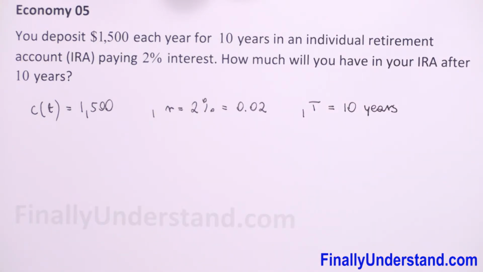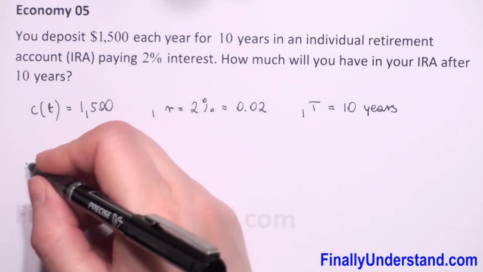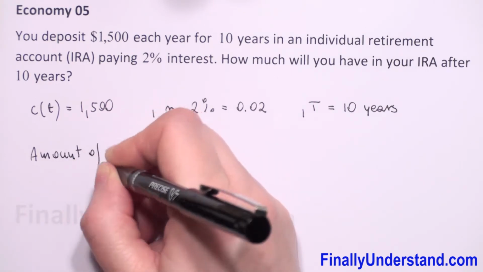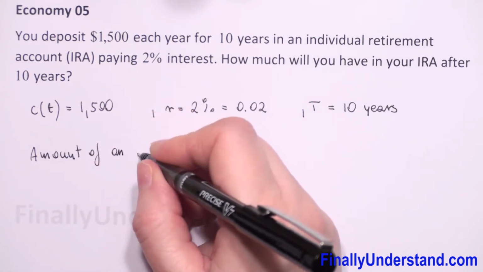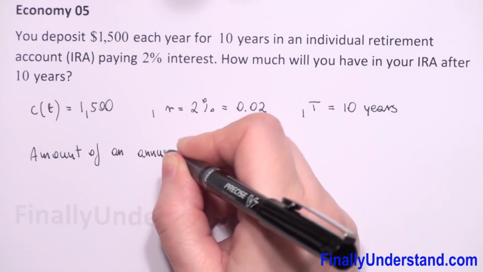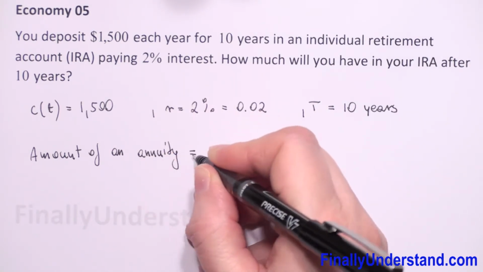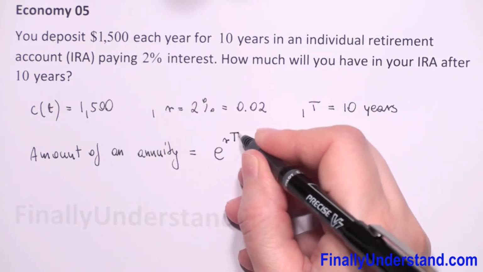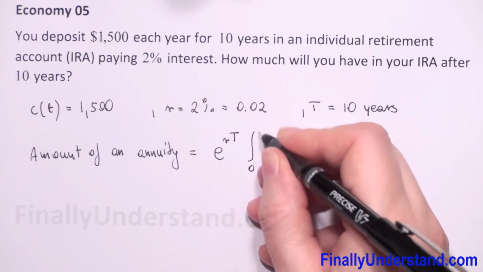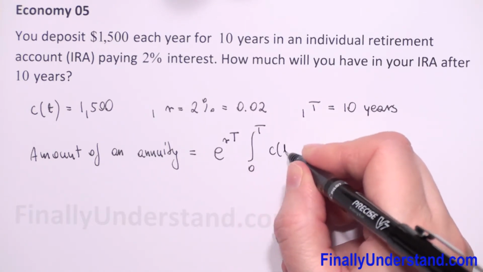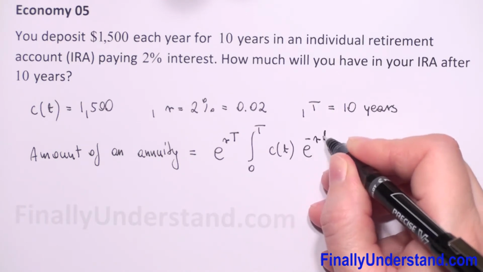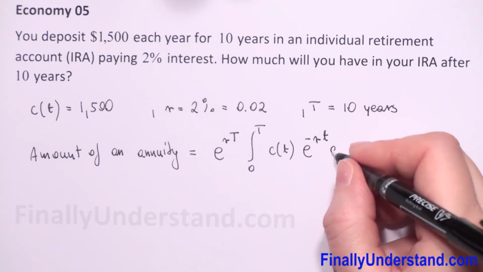We will use the formula for the future value of an annuity. Let me remind you: it is equal to e to the power r T, integral from 0 to T, C of t times e to the power negative r t, dt.